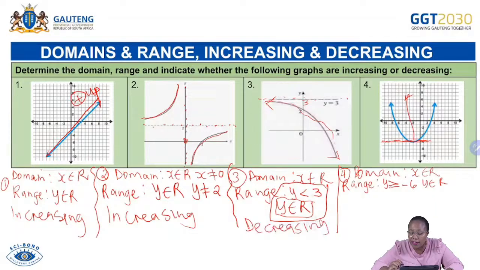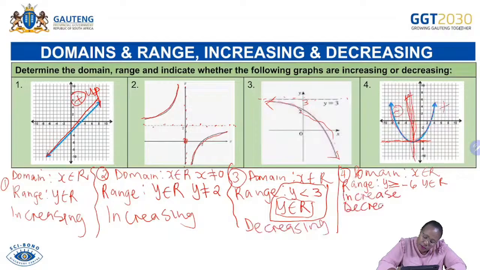And then the parabola is having two conditions. From left to right, it is decreasing, and then on the right hand side, it is increasing. That means from this turning point, this side is decreasing, the other side is increasing. So you give both conditions, increasing and decreasing, and you tell us for which values of x.